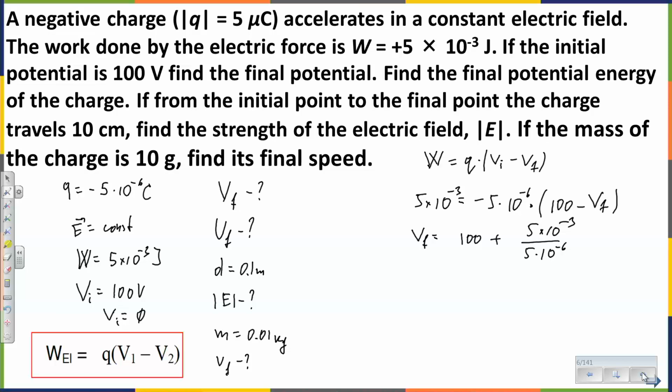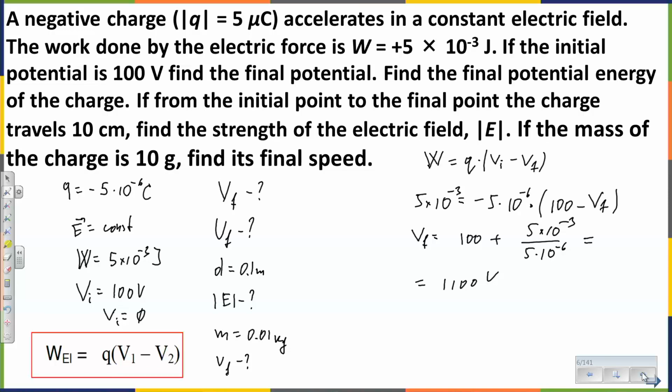There is a shame in sticking to that. That's it. So, 5 over 5, 1,000 and 1,100 volts. So the first unknown is here.